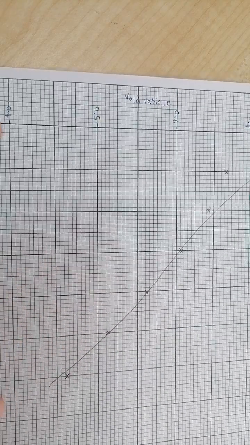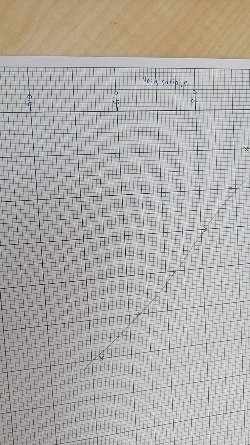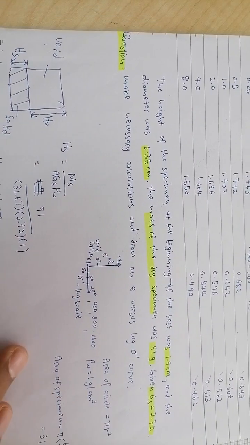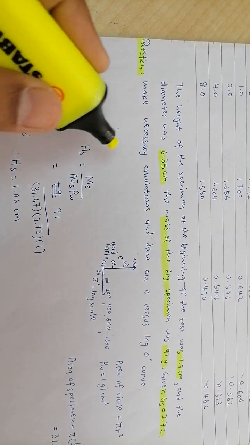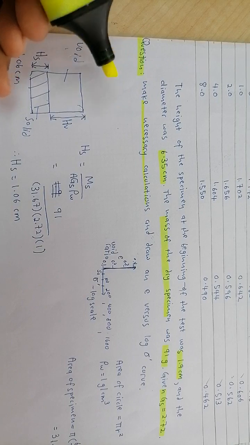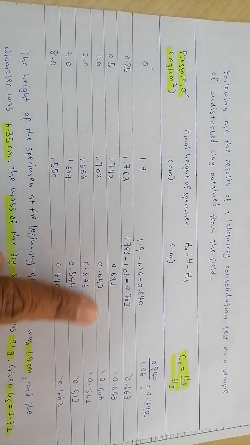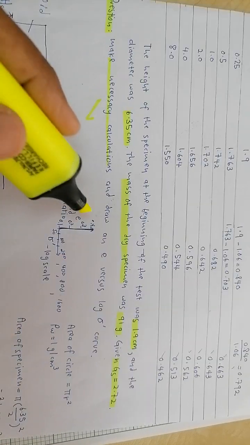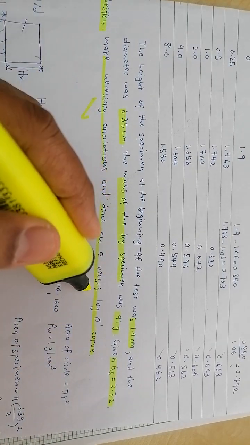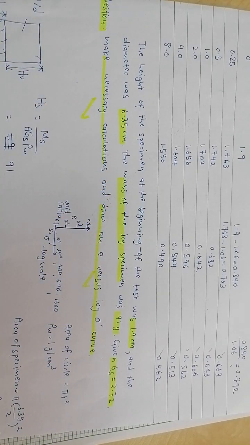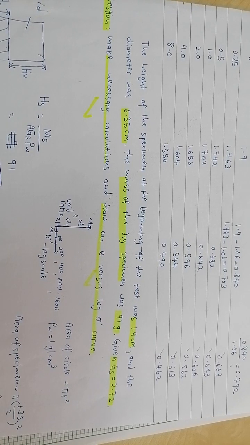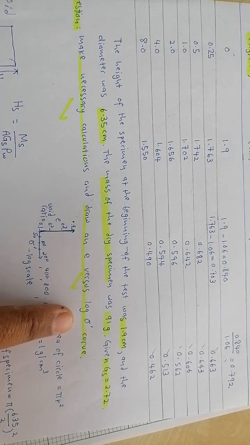This is not Excel. Basically we're answering the second part of the question. Make the necessary calculations, which we did earlier, which is the table. And then the second part is to draw the e versus log effective pressure curve, where e is the void ratio, versus effective pressure.